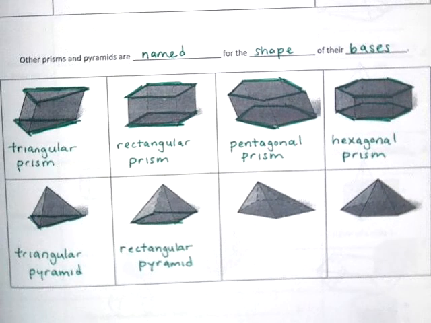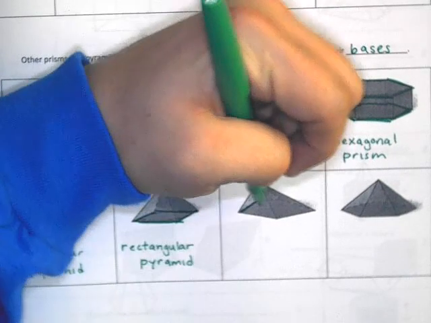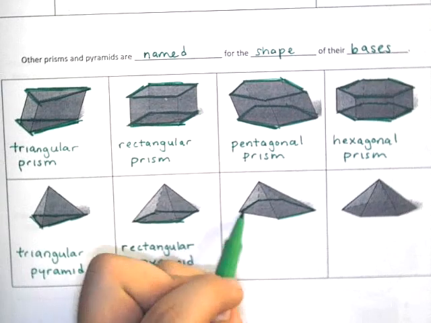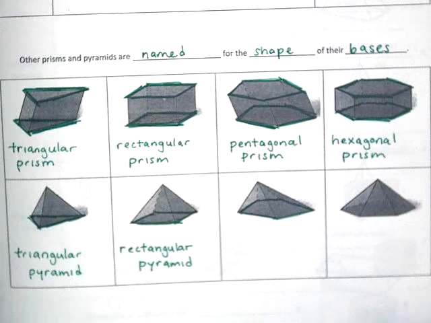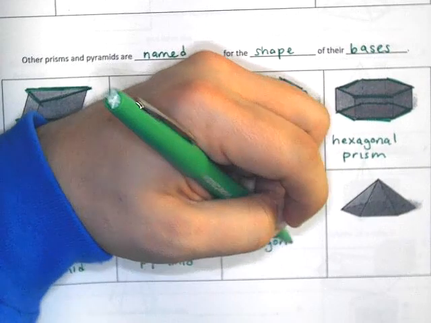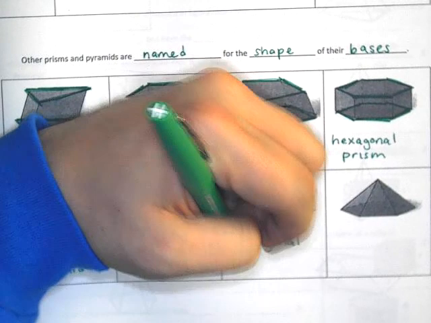If I keep going, once again, there is only one face that is not a triangle. And again, it's the bottom. So that's going to be our base. It just so happens to be a pentagon, 5 sides, which makes this a pentagonal prism. Sorry, pentagonal pyramid, my bad.